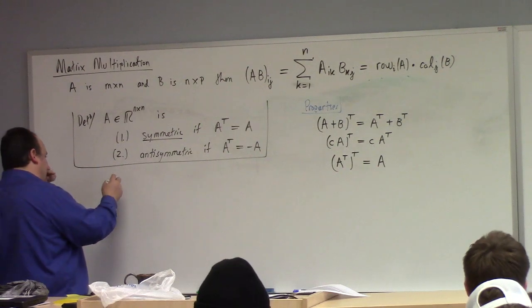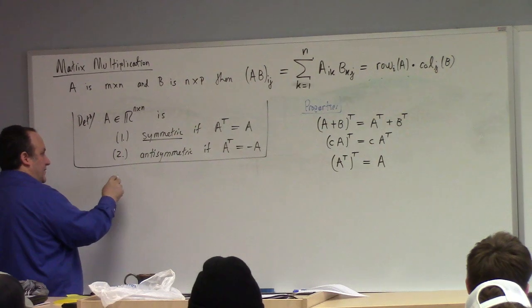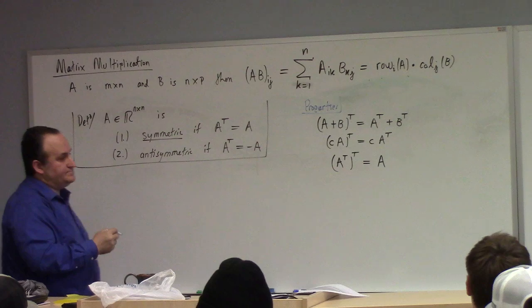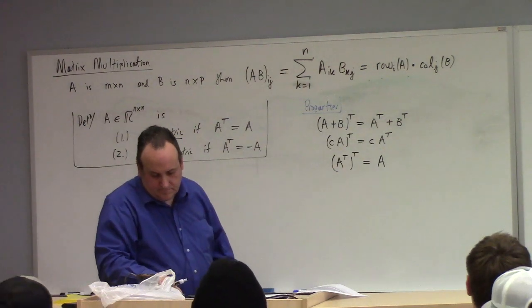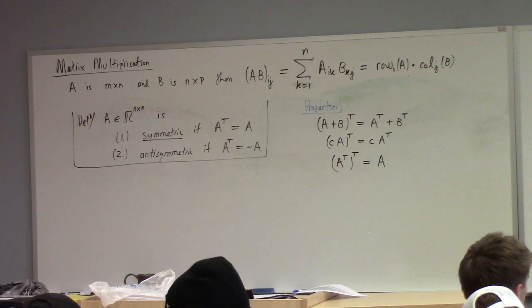So one thing we can notice is we can take any matrix and see if it's symmetric or antisymmetric. Example 5.